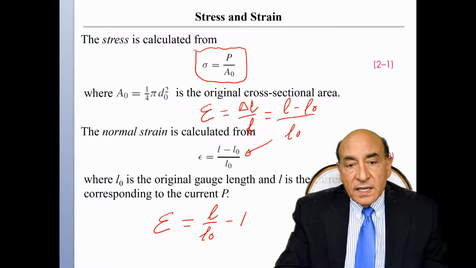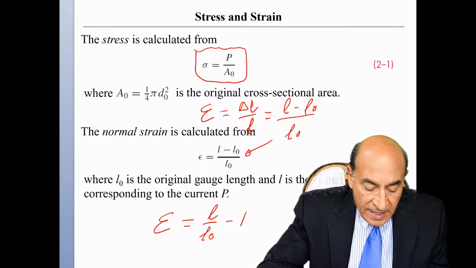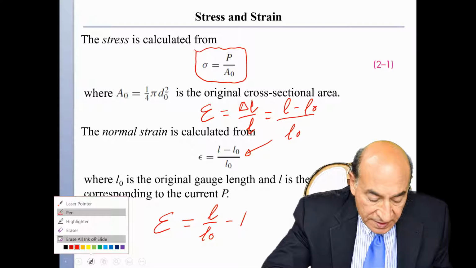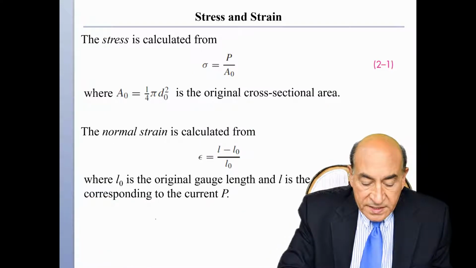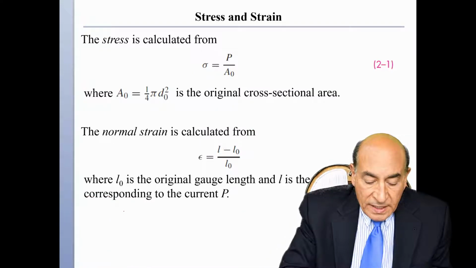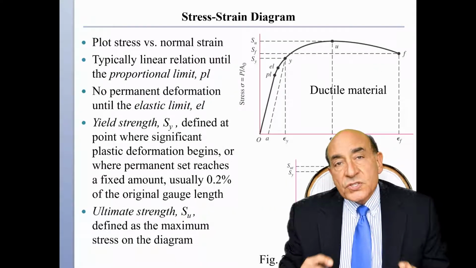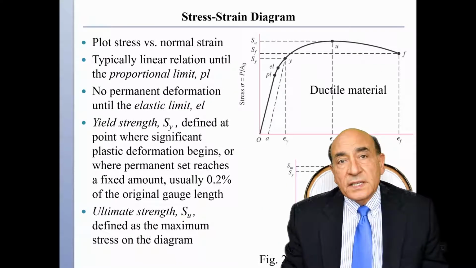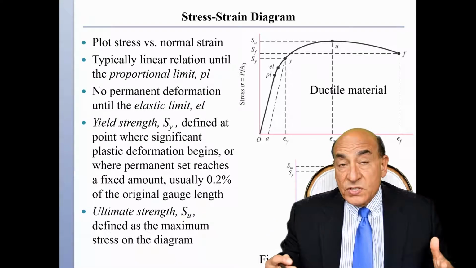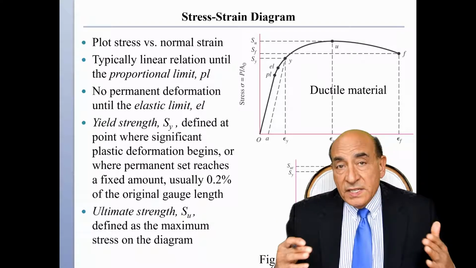Therefore, at any current step I have epsilon equal to L over L0 minus 1, which gives me the fact that the ratio of L over L0 is just 1 plus epsilon. So these are initial ideas that we have to construct what we call the engineering stress strain curve.